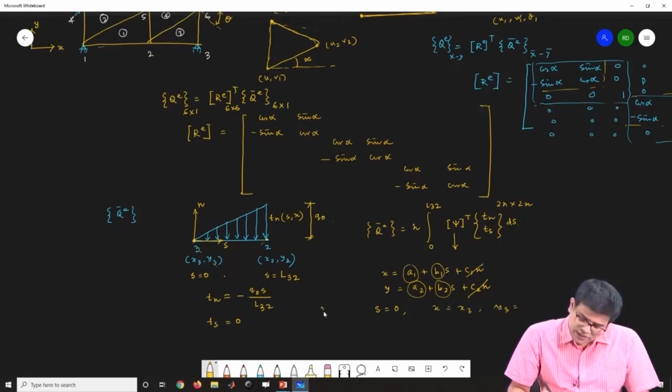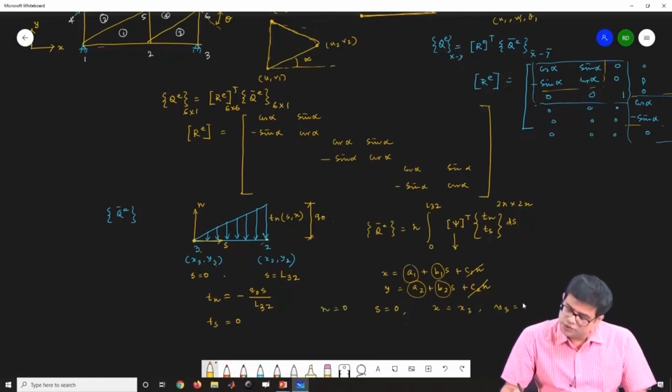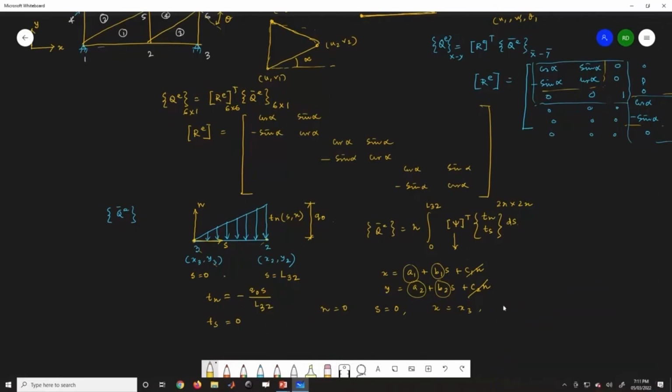So basically this is for n equals to 0 and s equals to 0. This is my one condition by which I can find out the constants. And similarly for n equals to 0 and s equals to L32, that is at this point, I have x equals to x2 and y equals to y2.